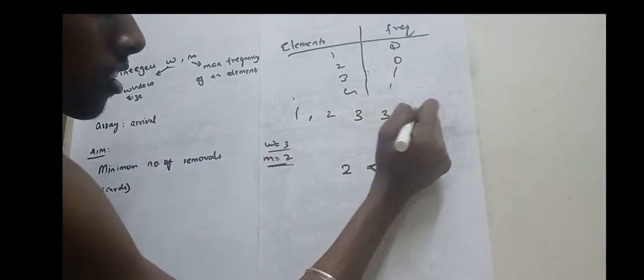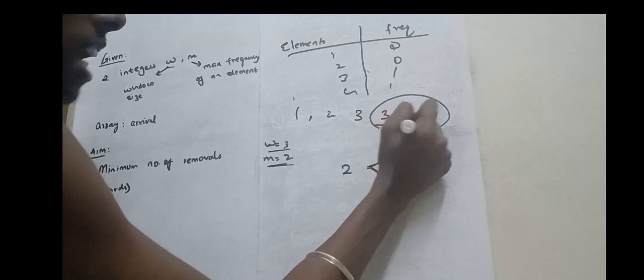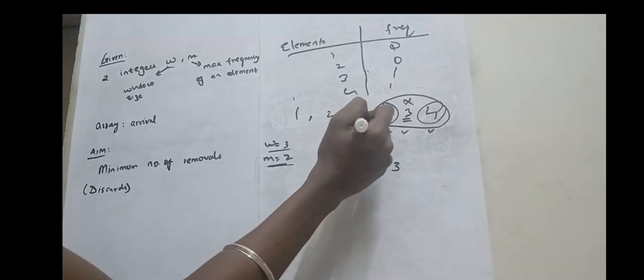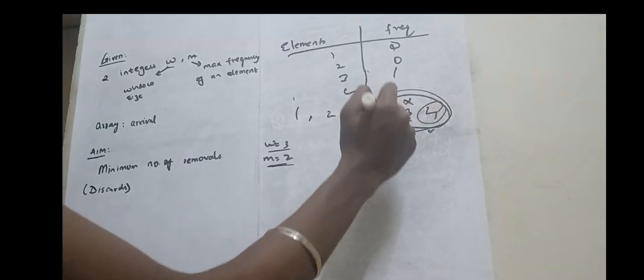So even though this is our window and we are accounting for all the elements and the frequency inside, 3 won't be included. Only this element and this element will be included. Why? Because we remove the arrival element and we pop this out, so only this window is there. This window has only this one 3 and this one 4. So that's how it works.